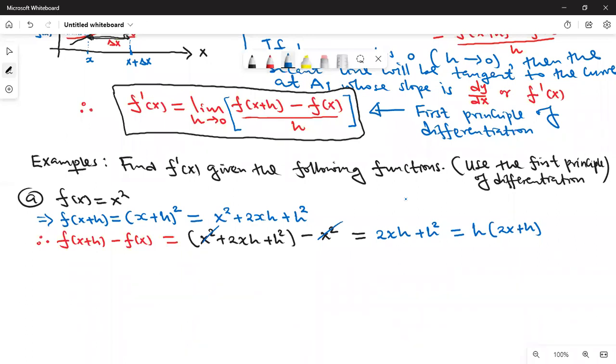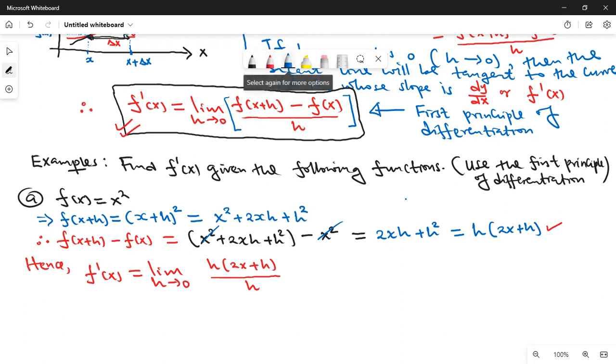So therefore, by the first principle, hence f prime of x is equal to the limit as h approaches 0 of f of x plus h minus f of x, which we have found to be this one, h into 2x plus h, that is the numerator, and the denominator is h.